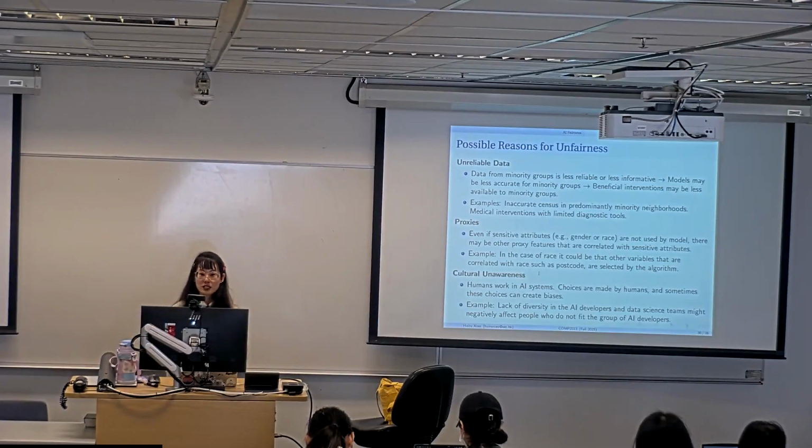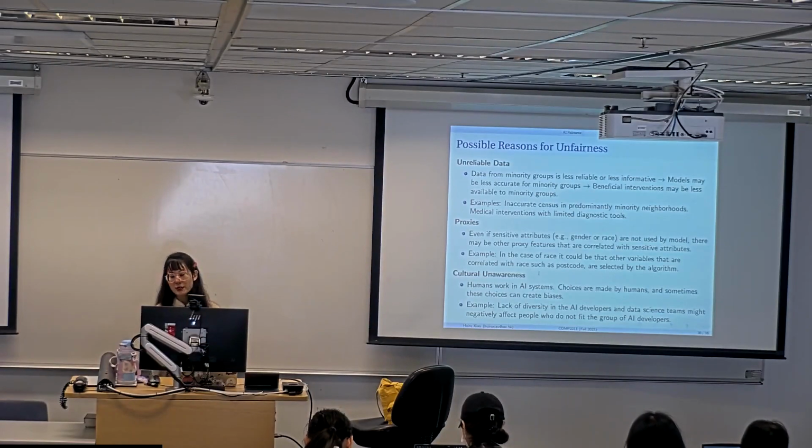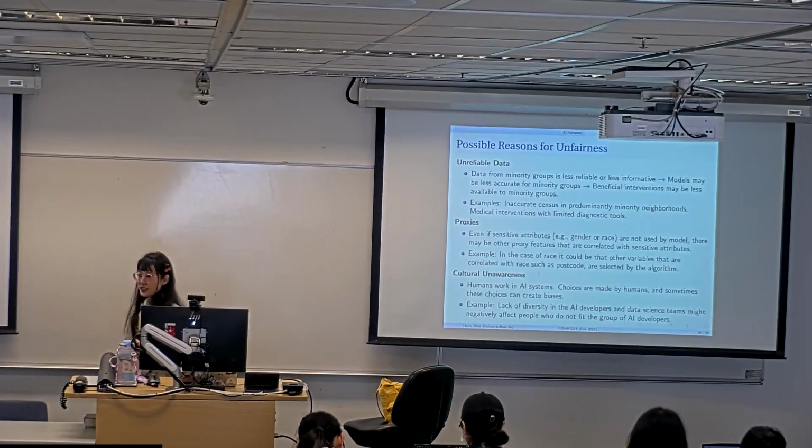Because if the AI developers are so homogeneous, if they are basically the same type of people, then it's very possible that they may ignore others because they simply are not aware of the existence and the possible limitations of other people. For example, for race and gender, we already have very many examples. And then consider some other dimensions.